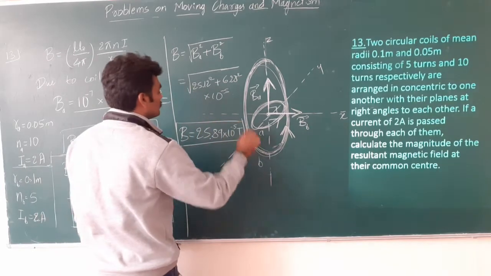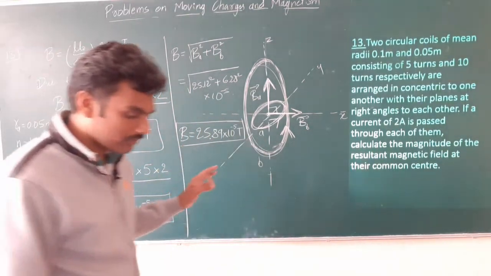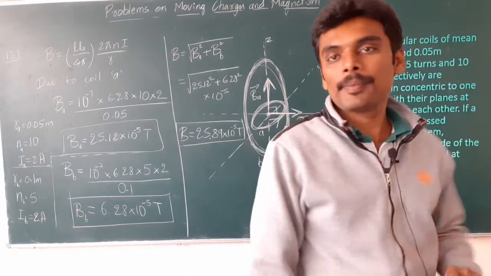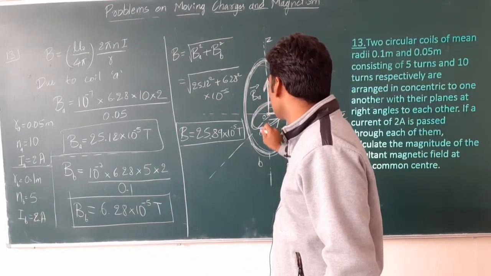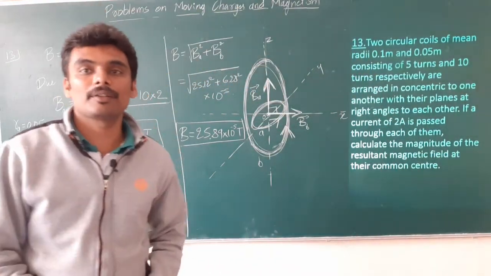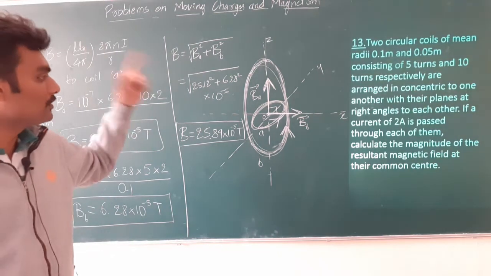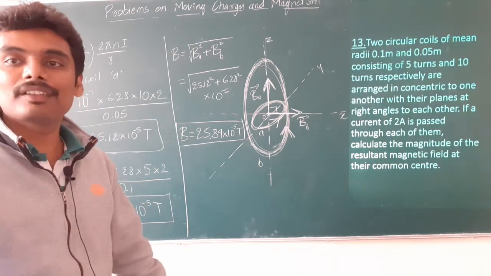Okay. Right. So this is the net magnetic field, the magnitude of the resultant magnetic field at the center, which we can call O, at the center O of the concentric circles given here. Yeah. You should visualize properly, then you can solve it easily. Easy one. Okay. Right.